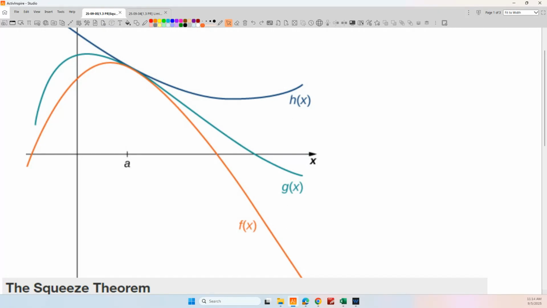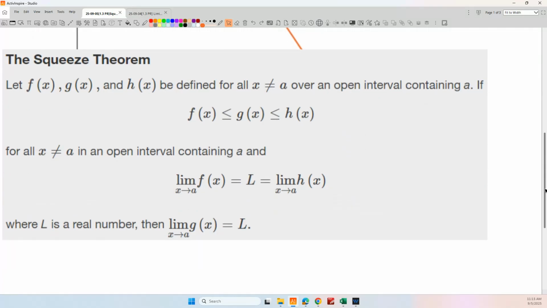And here's the language. Either in your textbook or in the published notes, take a look at the squeeze theorem and make sure it makes sense. It's really important that you get used to reading math, because in college you read a lot of math.